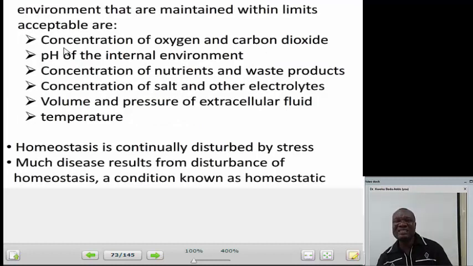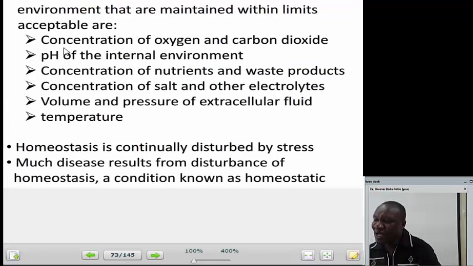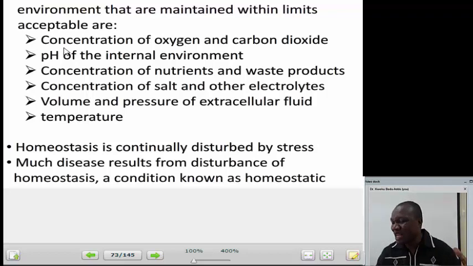Now, the essential variables in the internal environment that need to be maintained constant or within limits are the concentration of oxygen and carbon dioxide. So the gases that we breathe in or out need to be regulated. The pH of the internal environment, that is the acidity, needs to be regulated. It shouldn't be off gear.